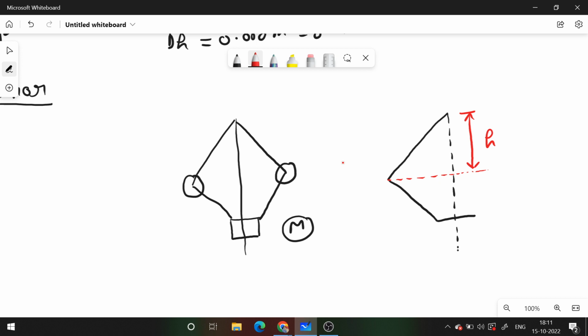Okay, let this is the point O, this is the point B, and suppose this is the point A. The tension in the upper arm is T. The centrifugal force is Fc, and the weight due to the mass of balls will be small mg.